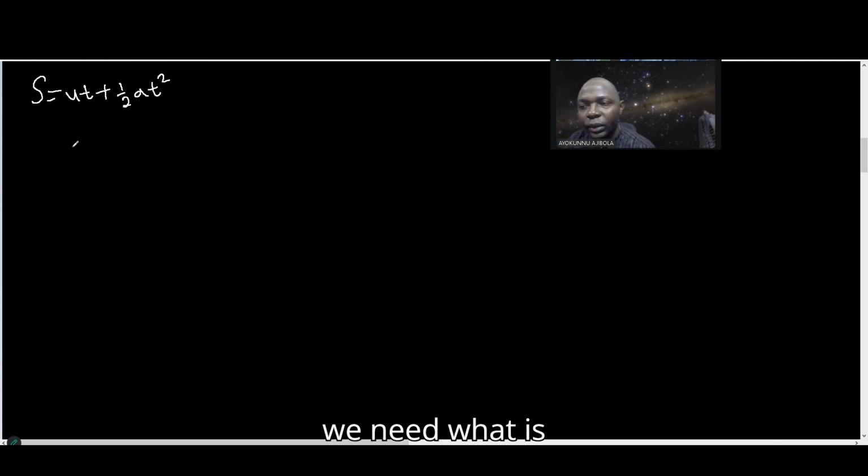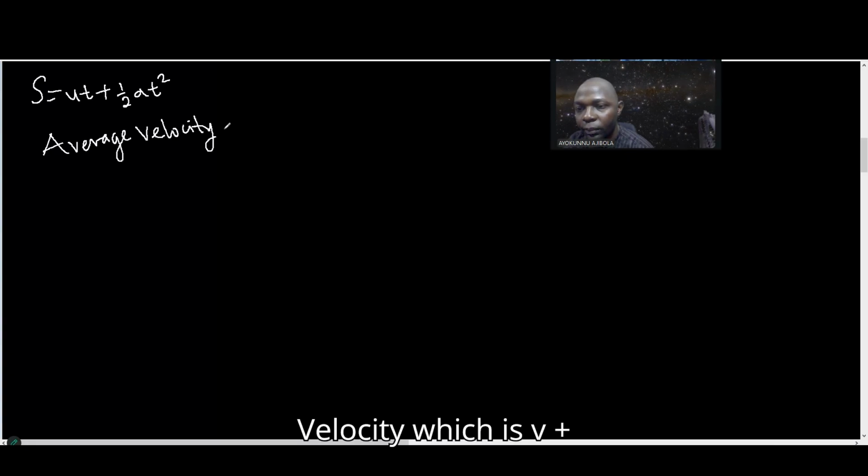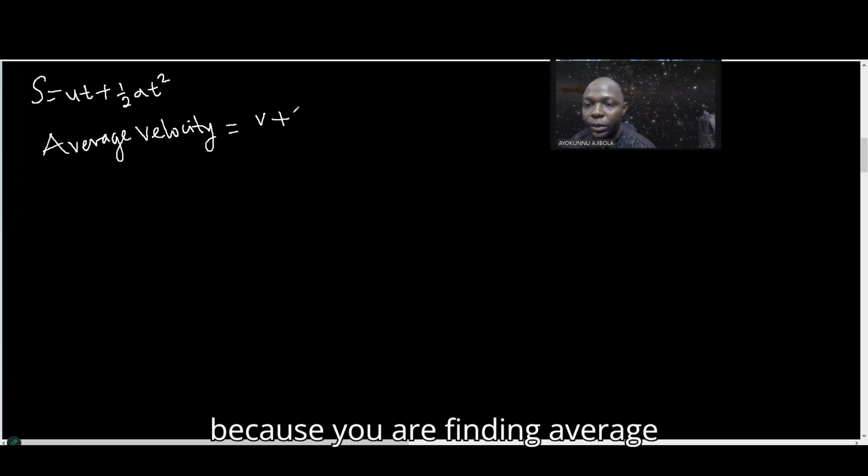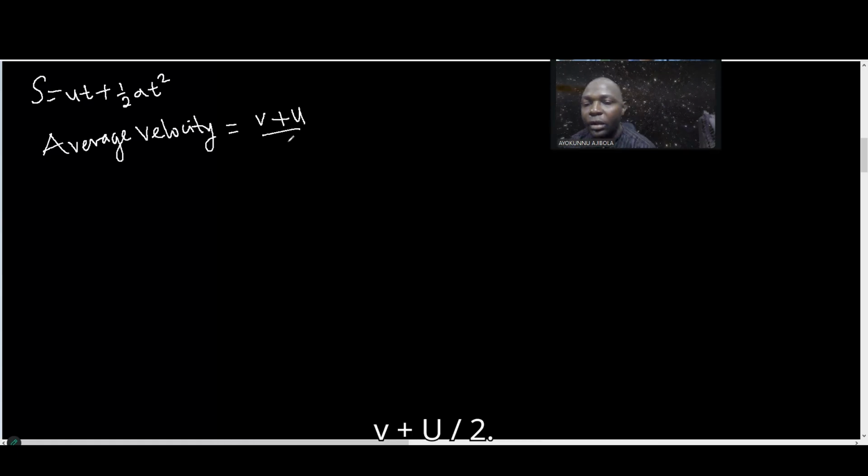To get this, we need what is called average velocity, which is v plus u over 2, because you are finding average.